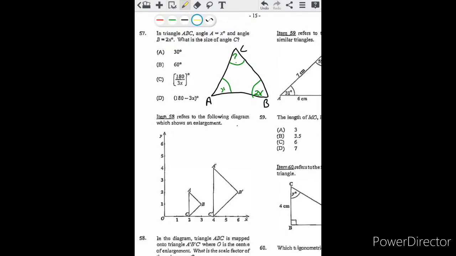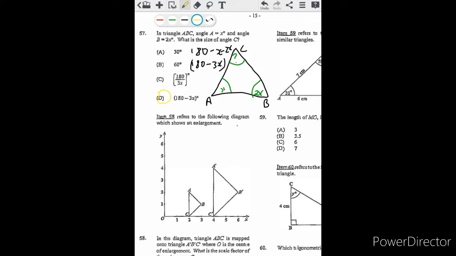We already know two, so if we subtract those two from 180, we'll have our angle for C. So C would be equal to 180 minus x minus 2x, which gives us 180 minus 3x. And that is our answer, which is D.